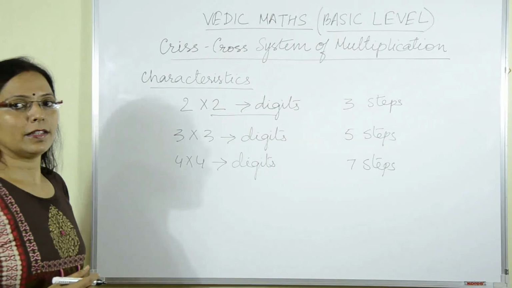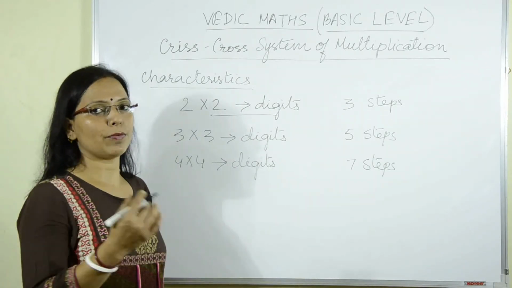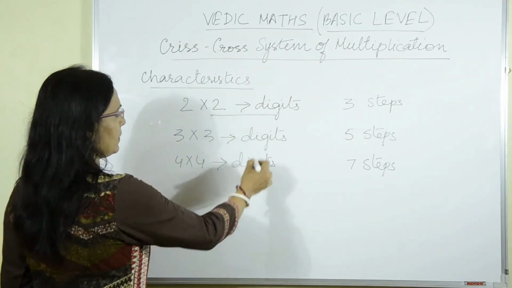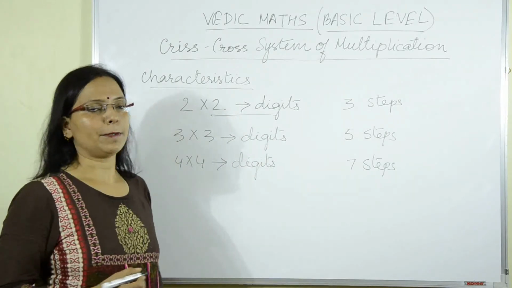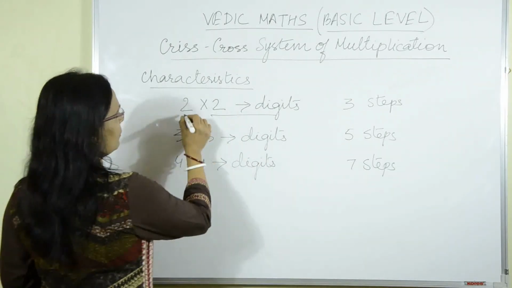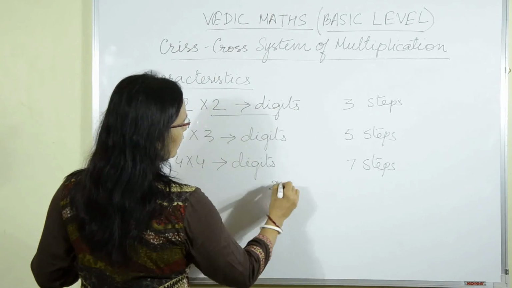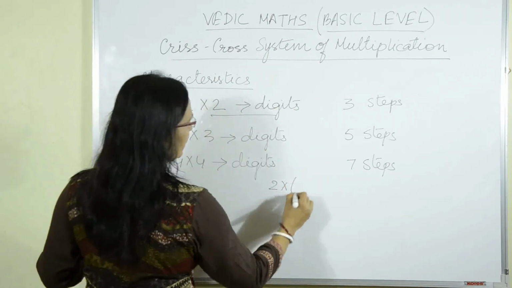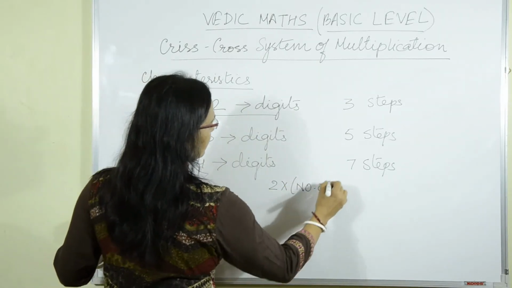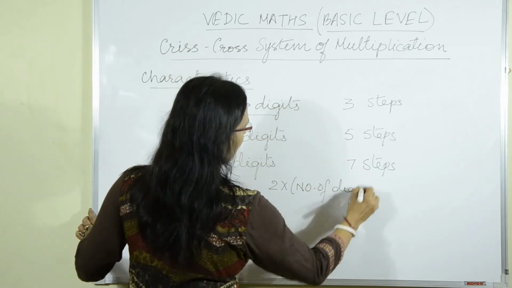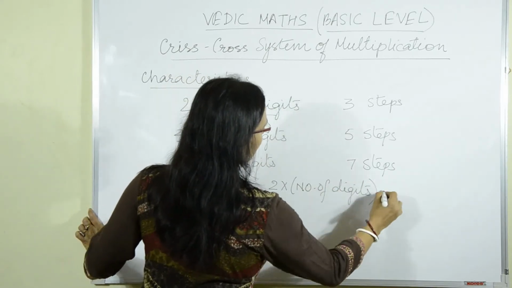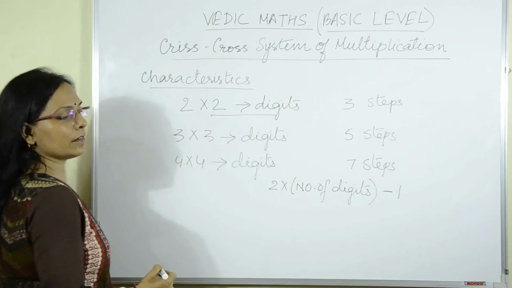Now from here we can find out how many steps we will have when we have such digit numbers. Now what is this? We can see 2 multiplied by the number of digits and then we subtract 1.